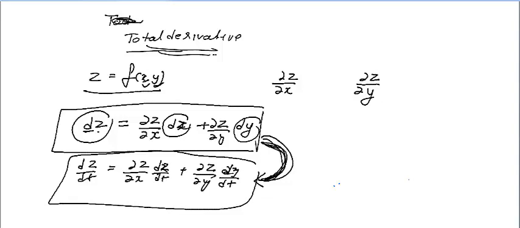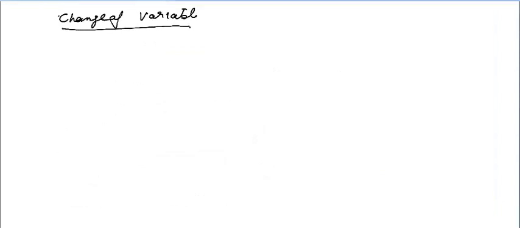Correct? It is very much clear. You will read it as: total derivative of z is equal to partial derivative of z with respect to x into total derivative of x, plus partial derivative of z with respect to y into total derivative of y. So this is the formula of total derivative. See, what is the basic meaning of change of variable?